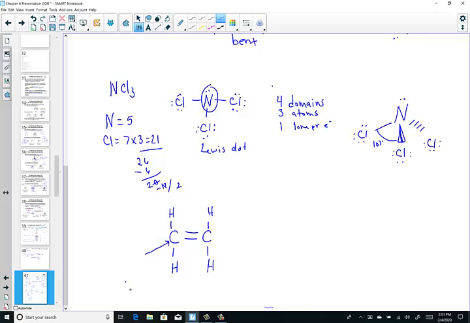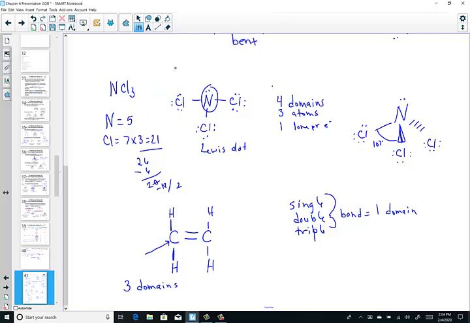That carbon has three domains. Now remember, a domain is a bond. It doesn't matter if it's a single or a double or even a triple bond. A bond is a domain. And so I have 1, 2, 3 domains.